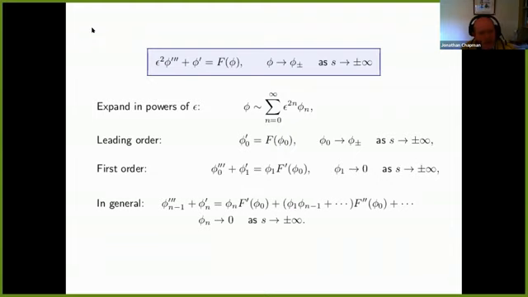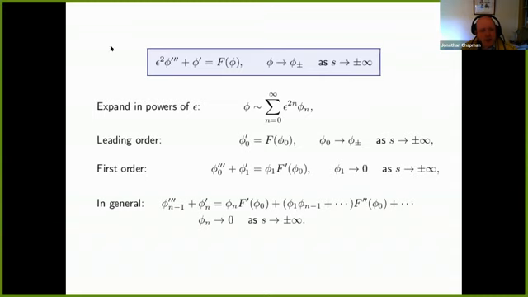Okay, so what's the procedure? I formally expand in powers of epsilon. So I'm going to generate a power series expansion. It's going to go in epsilon squared, so that the nth term is epsilon to the 2n times phi n. So I substitute that in. You can see at leading order, this term drops out, so you just get phi naught prime is f of phi naught.